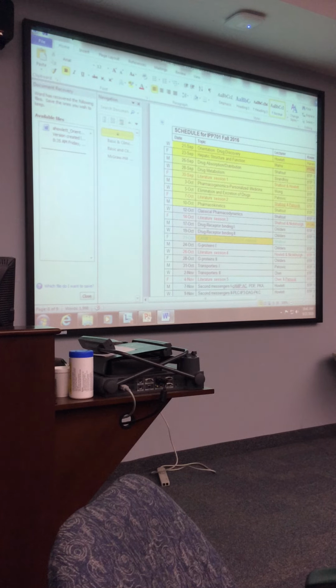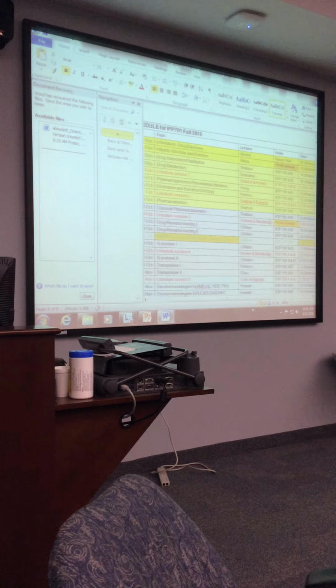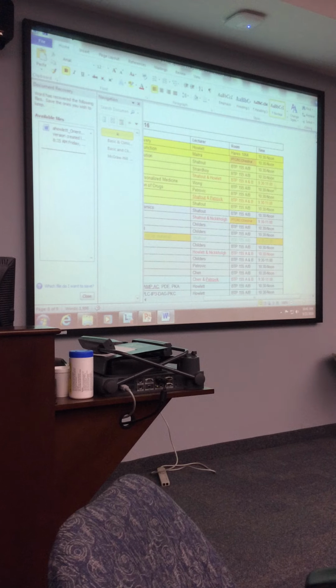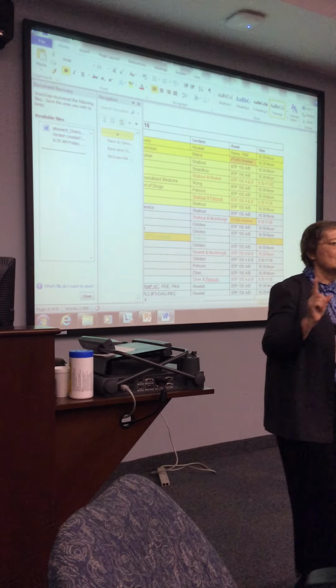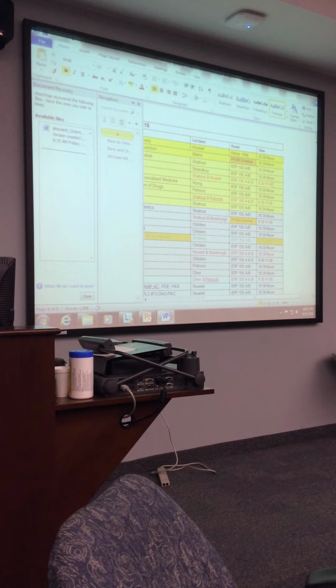So you can see that for the most part, for the rest of the Fridays, we're continuing on. Now I want to point out that on Fridays, we're going to begin a little bit earlier in the day for several reasons. One is that there isn't an MCB class that precedes things on Friday, so you can actually come to class a little bit earlier.